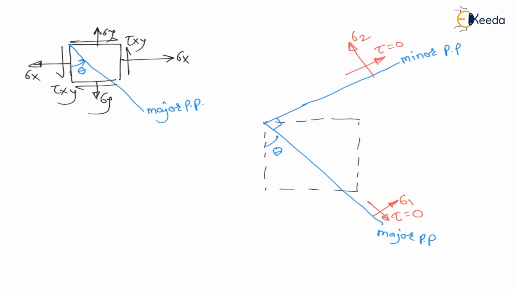Now the angle between any principal plane and the nearest tau max plane is 45 degrees, which means from the major principal plane, at 45 degrees, there will be the first tau max plane.